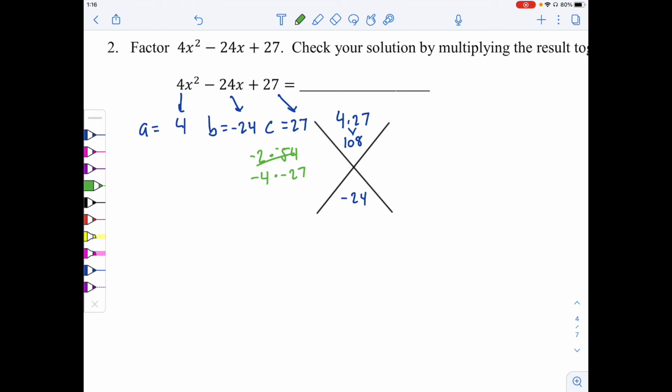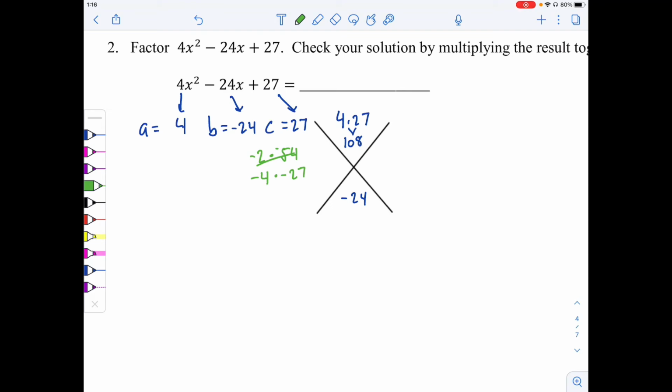Right, what else can we do? What if we're stuck? Think of other numbers.